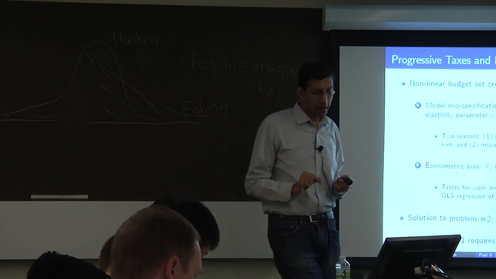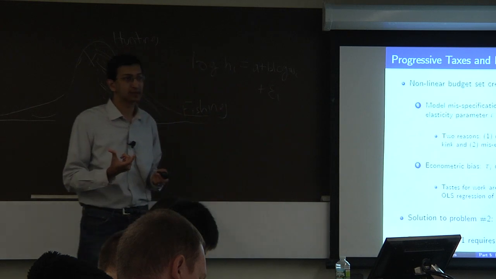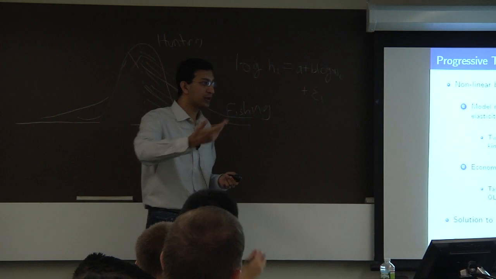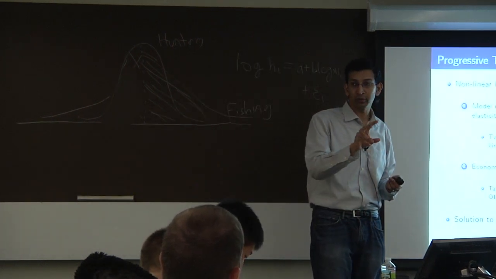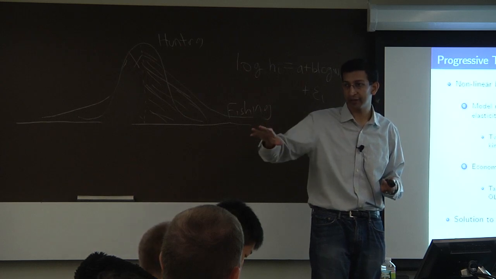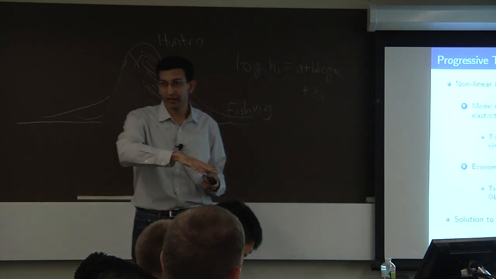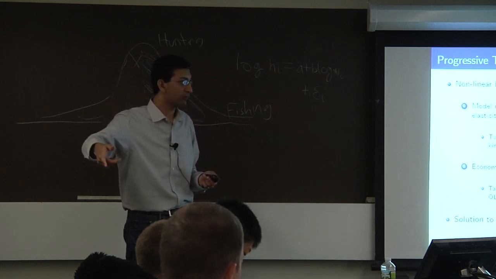The issue now when you have nonlinear budget sets is that tax rates are no longer just fixed and determined exogenously by the government. They are a function of how much you're working. Usually we think of tax rate affecting labor supply, right? But now you also have labor supply affecting the tax rate, because the more you work, the higher the tax bracket you're in.